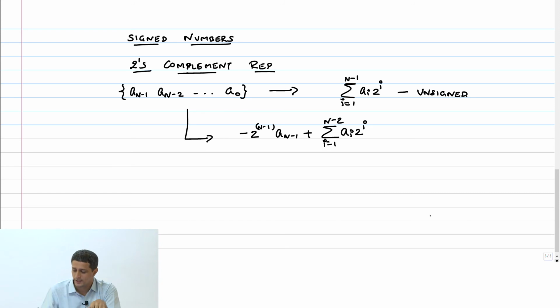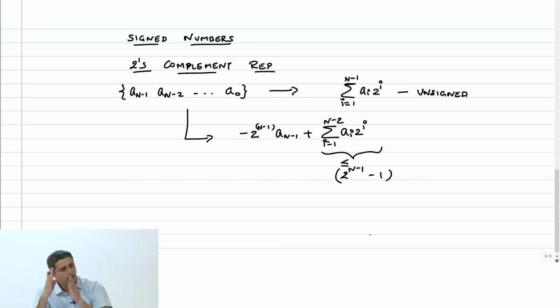In some sense, the maximum value of the first term is 2 power n minus 1. So what is the maximum value of the remaining part, the summation i equal to 0 to n minus 2 of a i? Let's look at that.